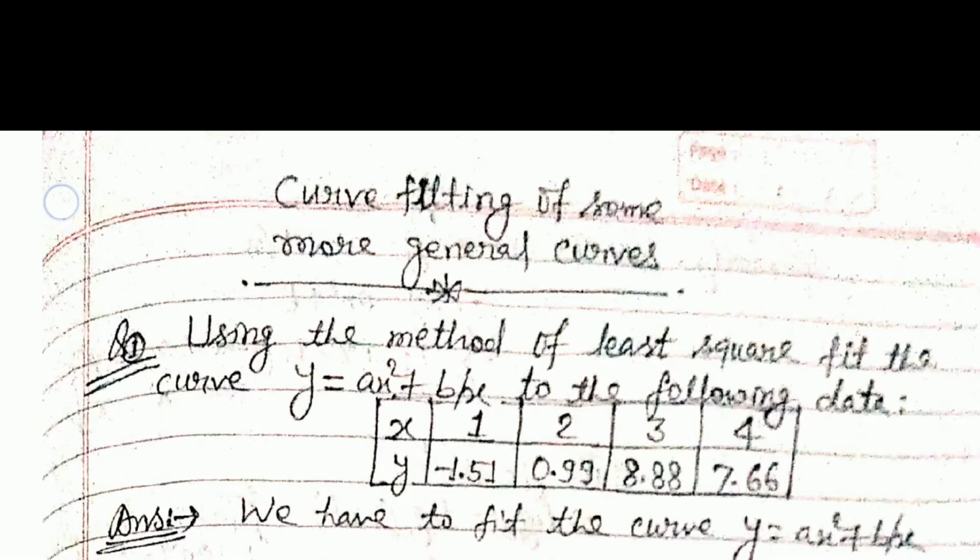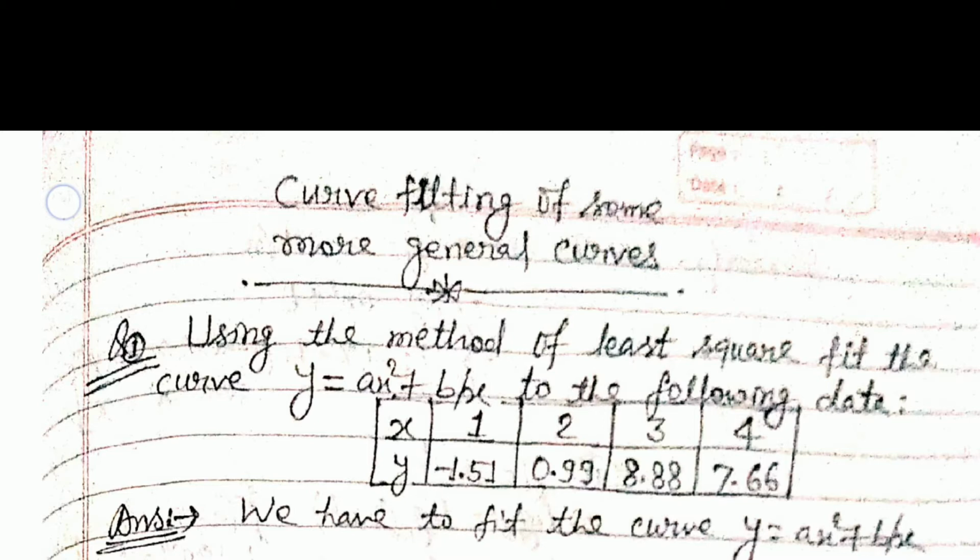Hello students, so far we know how we can find the equation of a curve for a given statistical distribution. That means we can fit a curve for a given statistical data.